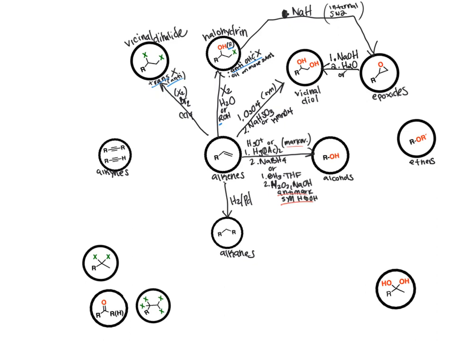So basic attack or acidic ring opening. They both give us the 1,2 diol. The only difference is this gives us the anti-diol option, whereas this osmium tetroxide gives us the syn-diol option.